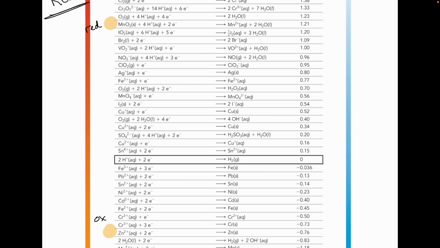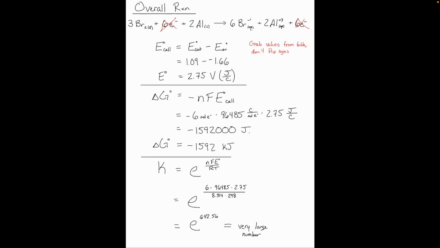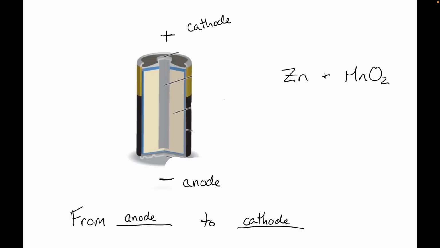So the reaction that's taking place at my cathode is going to be my reduction reaction. All right, so that will be the manganese 4 oxide.